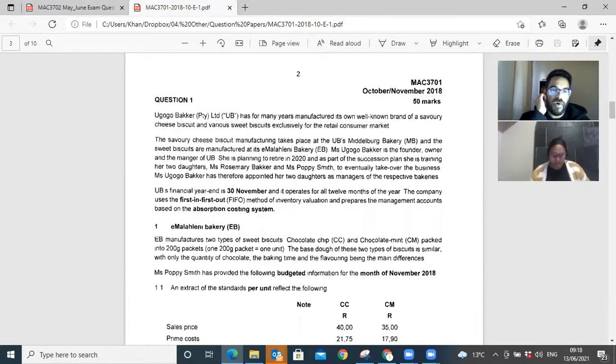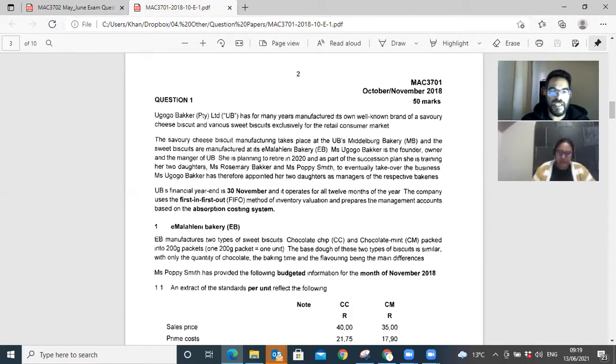So they say Ugogo Baker, UB, has for many years manufactured its own well-known brand of a savory cheese biscuit and various sweet biscuits exclusively to the retail consumer market. So a cheese biscuit and various sweet biscuits. That may be the type of biscuits that they sell.